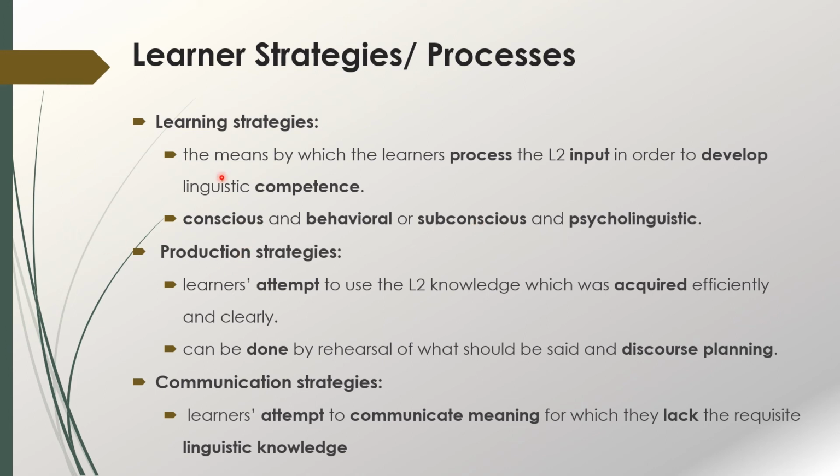These are the strategies a learner follows. While producing the second language, the learners attempt to use the second language which was acquired efficiently and clearly. They try to use their knowledge of the second language which they acquired efficiently and clearly.